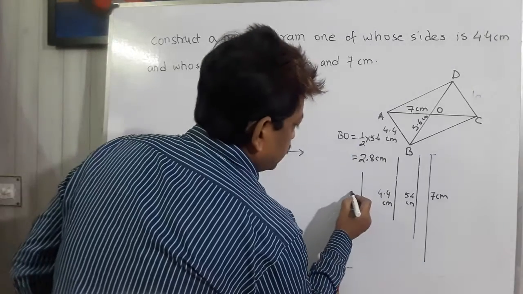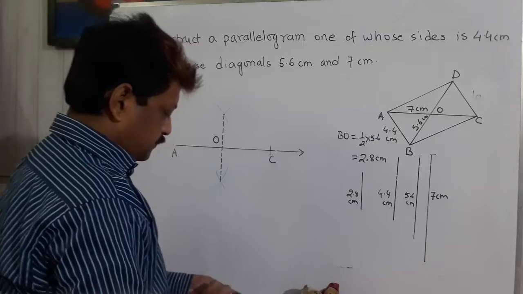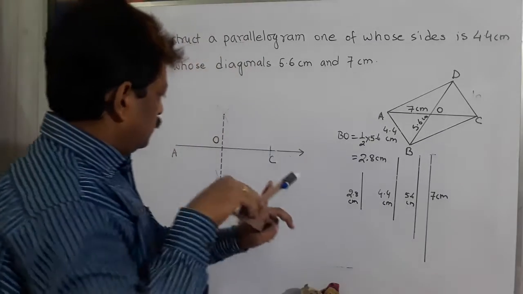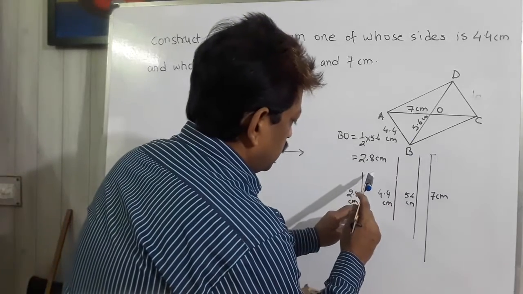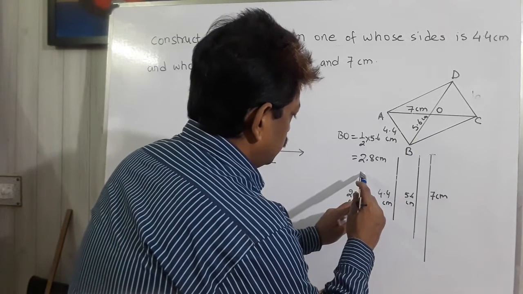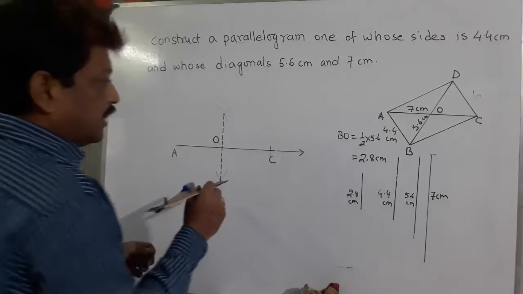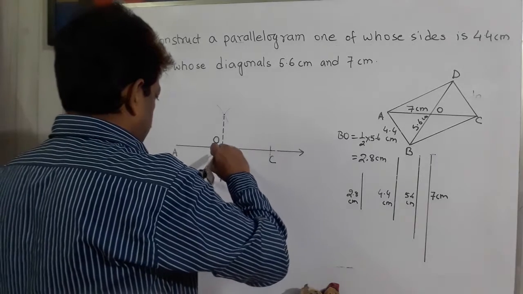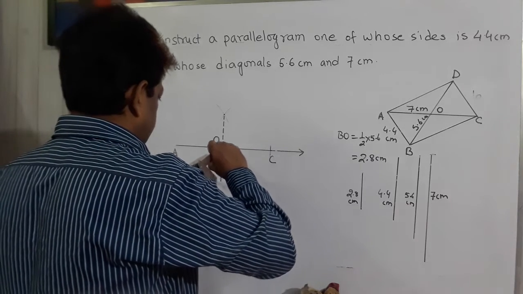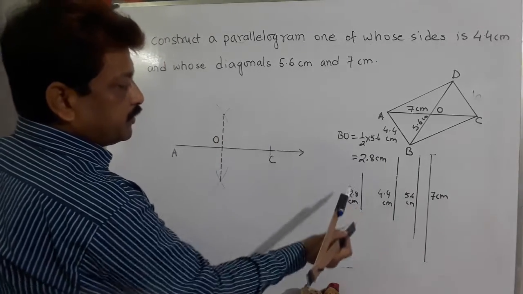So first let me draw OB. This is length 2.8 centimeter. Placing the compass at O, an arc is drawn whose radius is 2.8 centimeter.